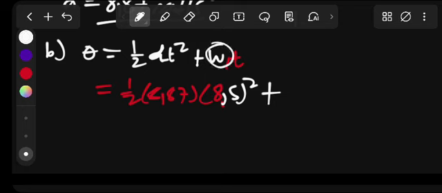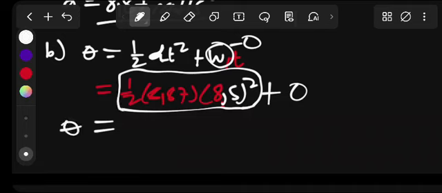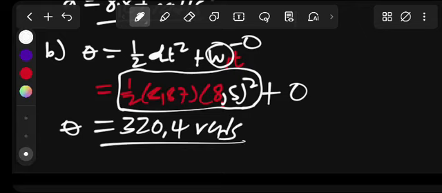This was initially 0, so that term will simply be 0. If we punch this, we have our angular displacement to be 32.4. This is measured in radians.